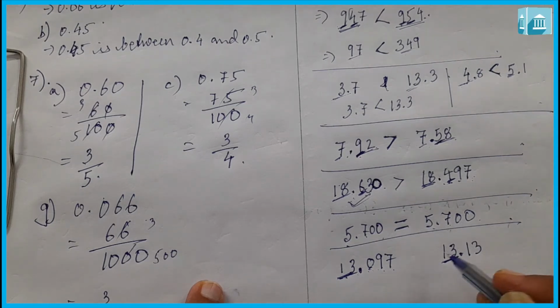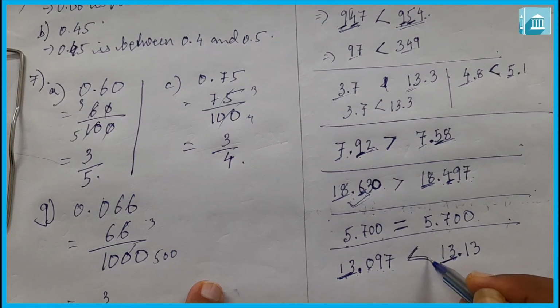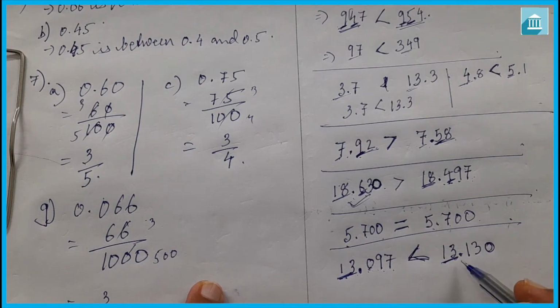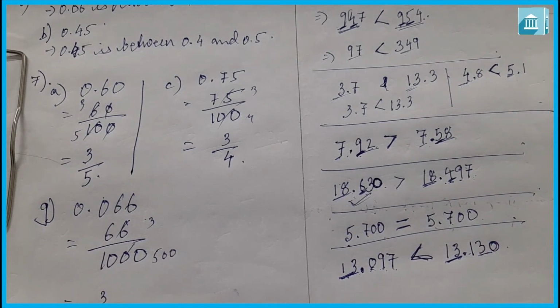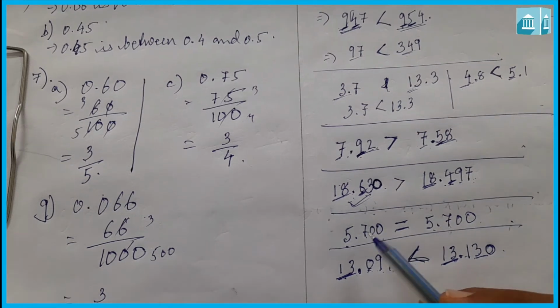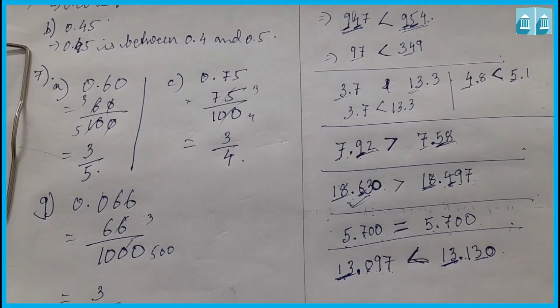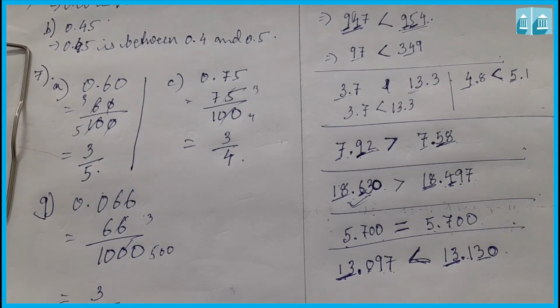So we can say that this is greater, or we can add 0 here, so it is 130, here it is 097, so this will be greater. So in this way we can compare the decimals. We can compare directly by seeing the digits, or we can convert them into like decimals.